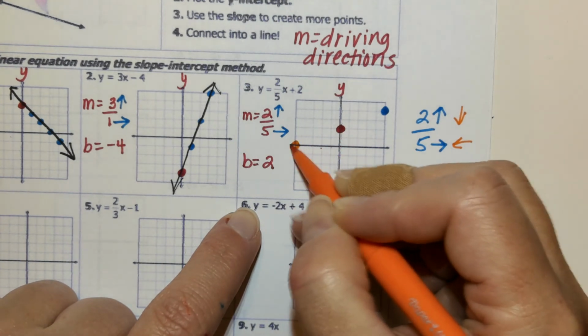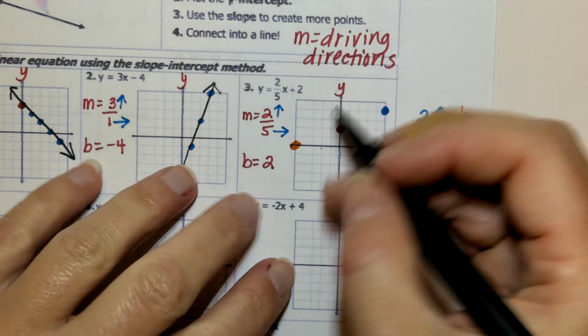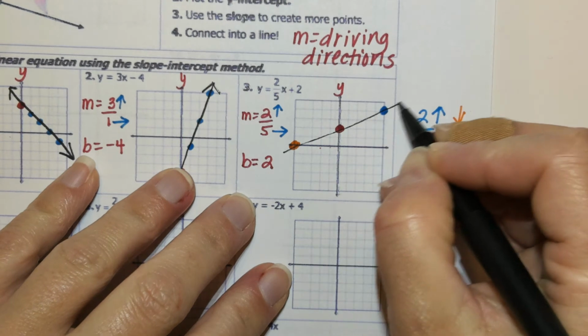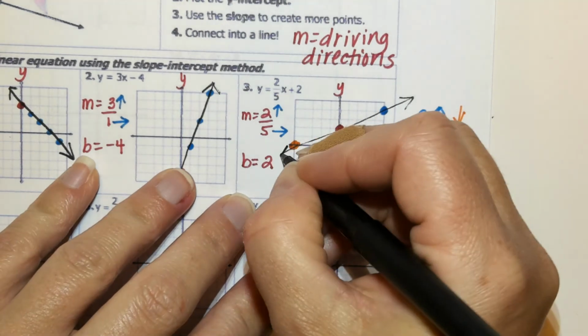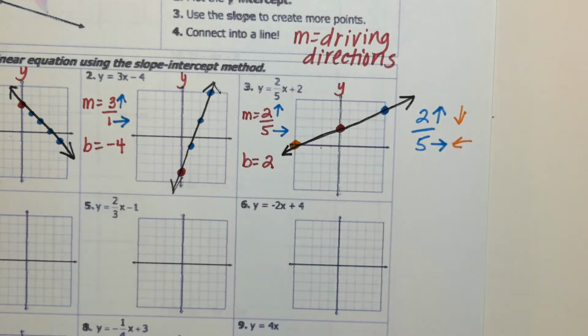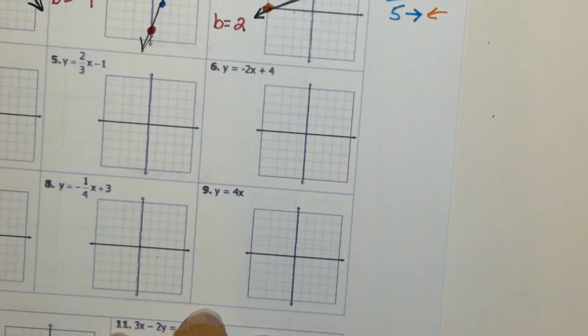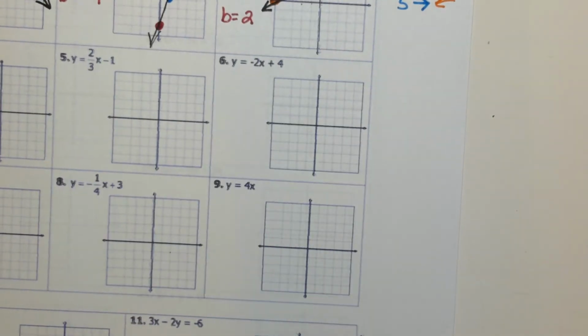We're going to go down and left from the original point. Down 2, left 5. See, we just drove in reverse. And now we're going to go ahead and connect our dots. I think my marker's dying. And it makes a nice straight line.